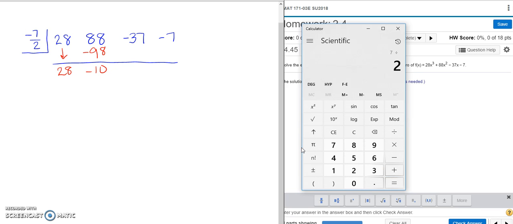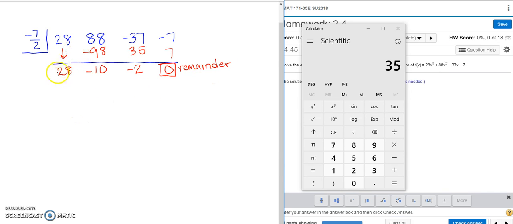Okay, so 7/2 times 10 is 35. I probably could have figured that out. That's okay. -37 plus 35 is -2. And -7/2 times -2, that one I actually know is 7. Okay? -7 plus 7 is 0, which is what I should be getting because that's my remainder.